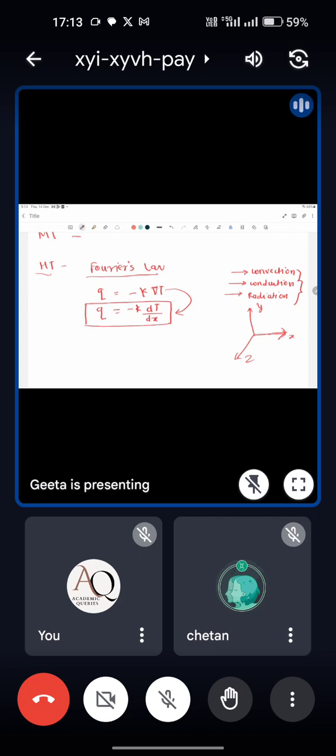But when you come to transport phenomena, this is not the same. This is why the gradient del T is written. It is a gradient which can vary in any direction, either x, y or z. Earlier we assumed it was only dT by dx, only in the x direction, but now you have to write it like this. If anyone asks you what Fourier's law is, you should write it like this.